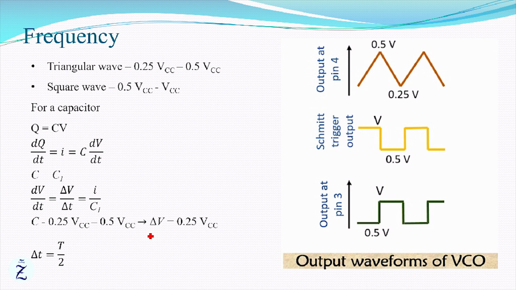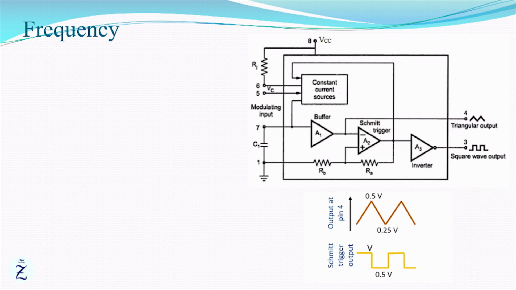So delta V divided by delta t is equal to 0.25 VCC divided by delta t, equal to I by C1.